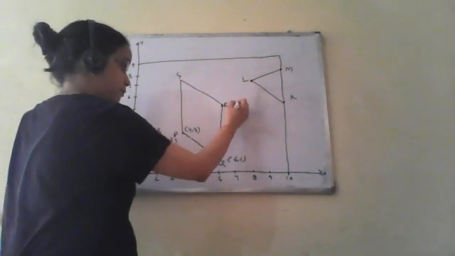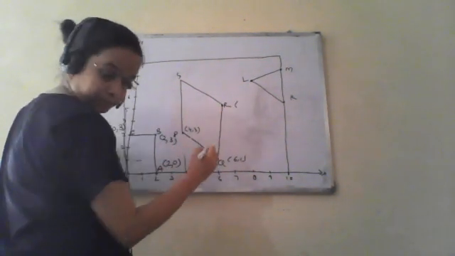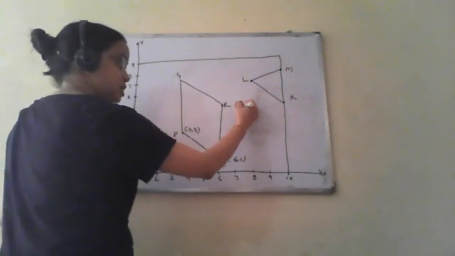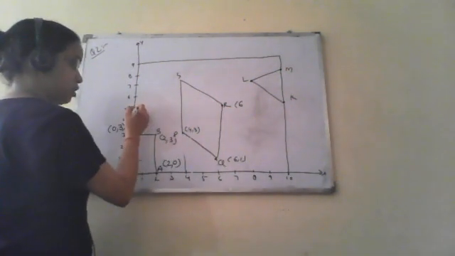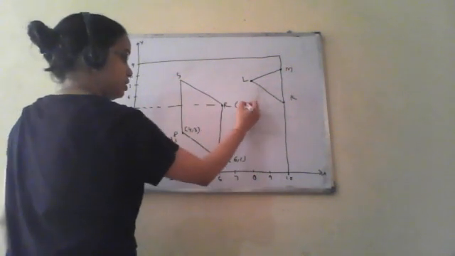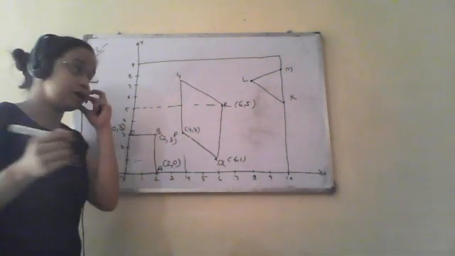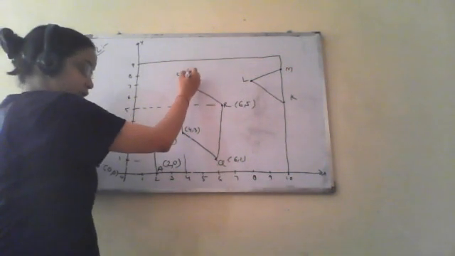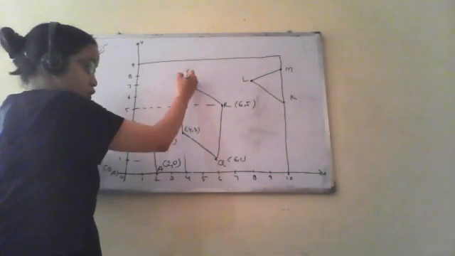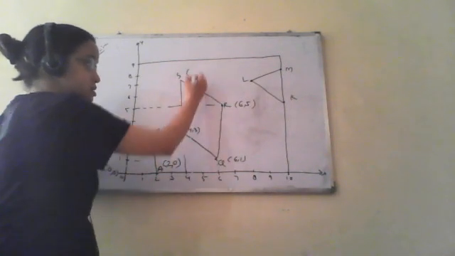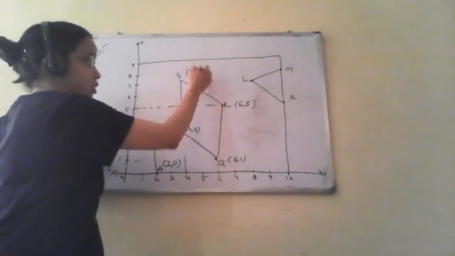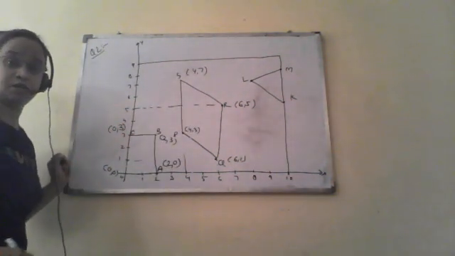Now for R, drop a perpendicular on the x axis, again it is 6, and on the y axis it will be 5. So coordinates of point R will be (6, 5). Now for S, its value on the x axis will be 4, and on the y axis it will be 7. Okay, so these are the coordinates of this figure.